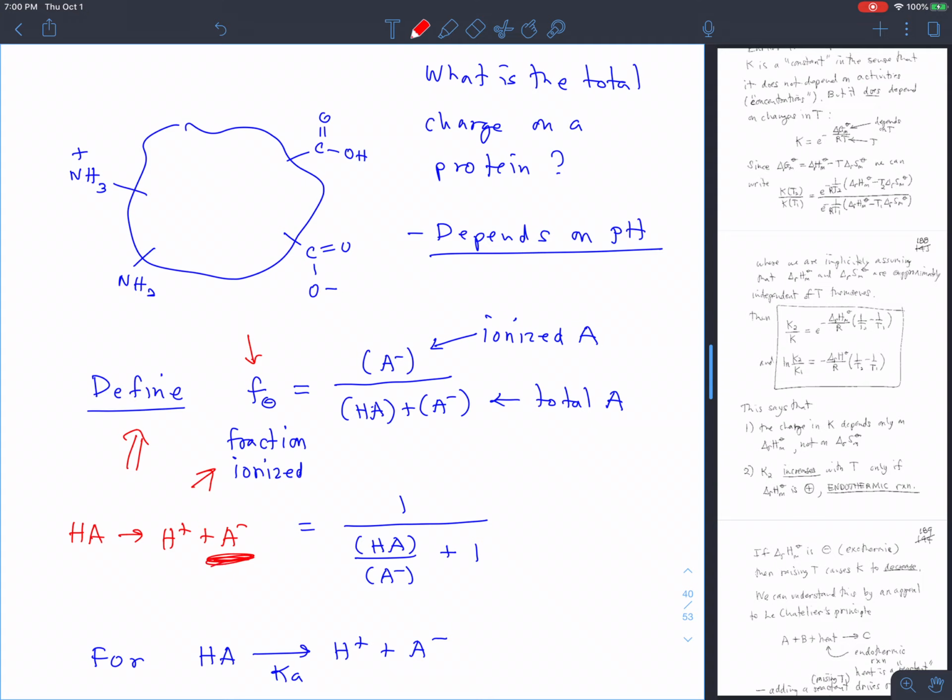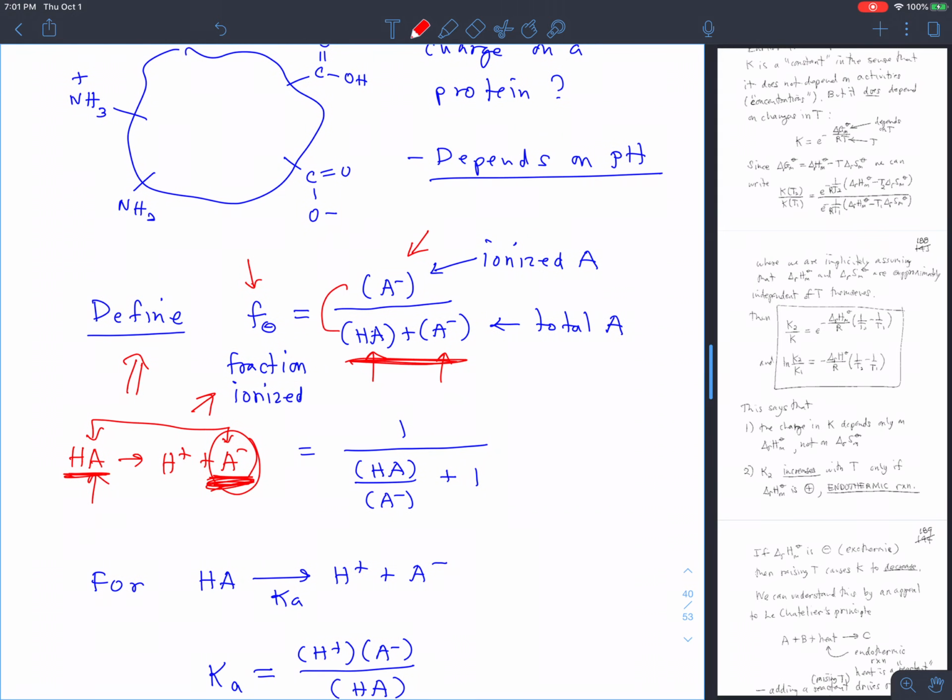We want to know, out of all possible A, some of the A is in this form, some of the A is in this form, but what fraction of it, what percentage of it, is in the ionized form? Well, that fraction is just the concentration of the ionized form A minus divided by the total amount of A that's present, which is the sum of the concentrations of the HA and the A minus, that is the unionized A and the ionized A together.